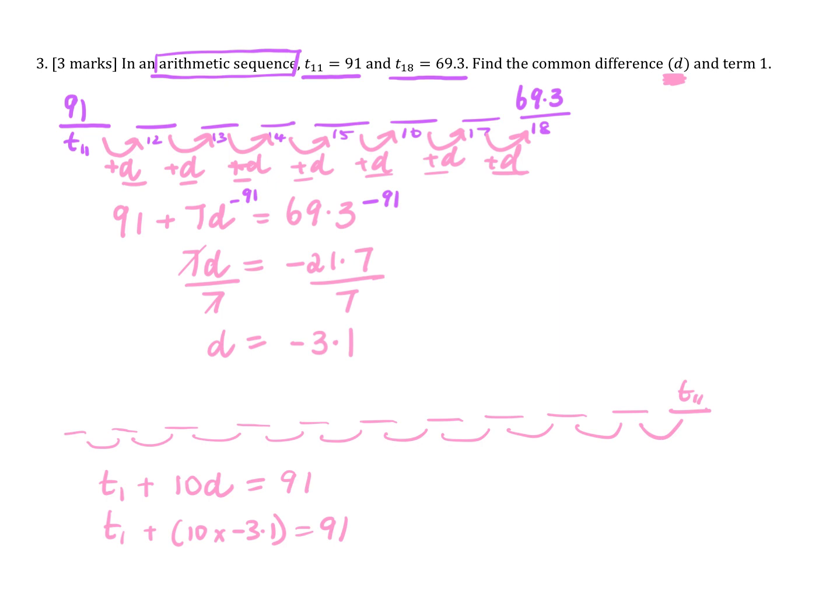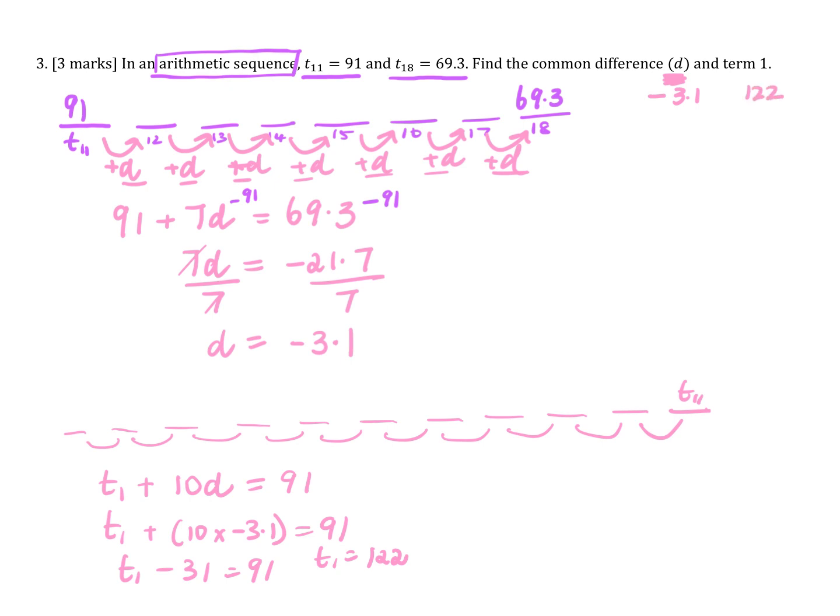Well, 10 times negative 3.1 is negative 31. Term 1 minus 31 equals 91. So then term 1 is going to equal 91 plus 31, which will be 122. Now, the question asked us find the common difference, which we said was negative 3.1, and term 1, which is 122.